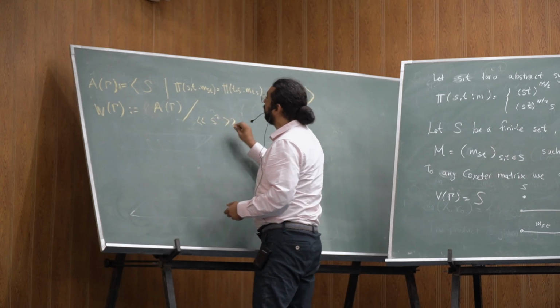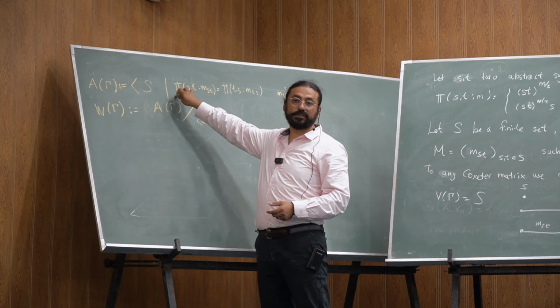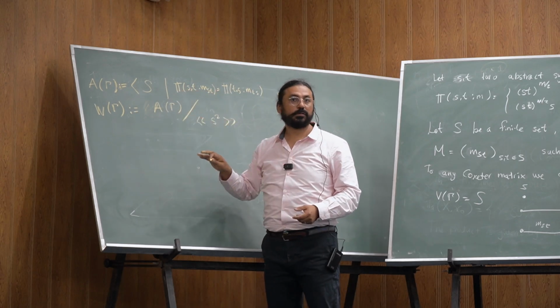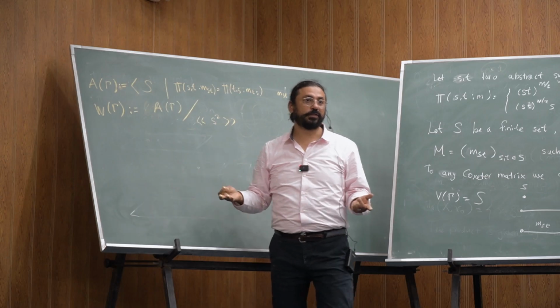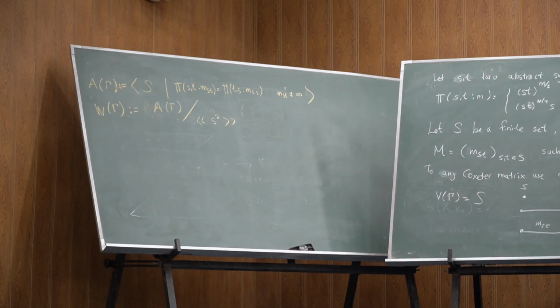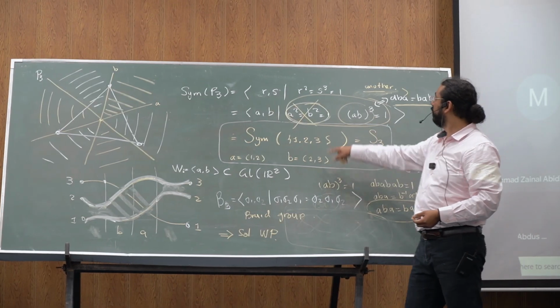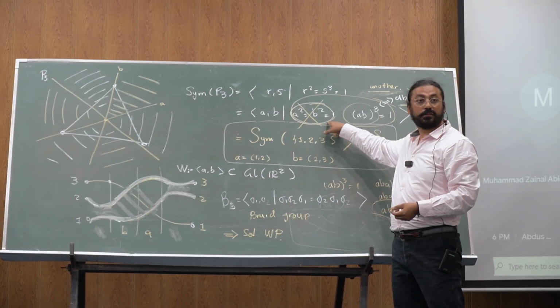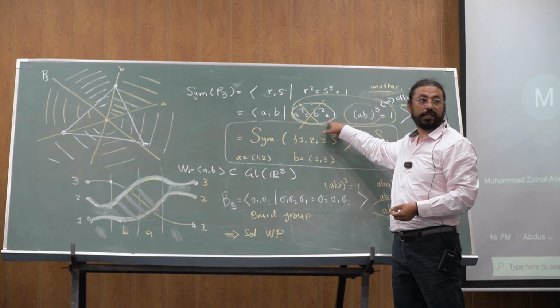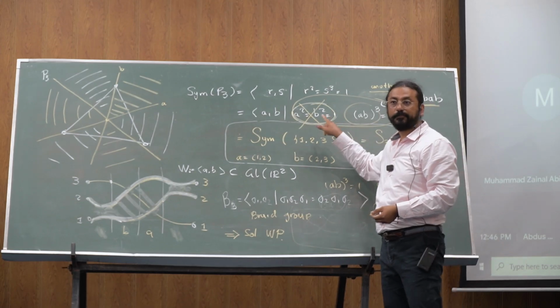Meaning that it will have exactly the same presentation as the Artin group, but with the involutions. That is exactly the case that we have here. We have the braid group, we have the braid relation, but we are just adding the involution, the reflection. Okay?